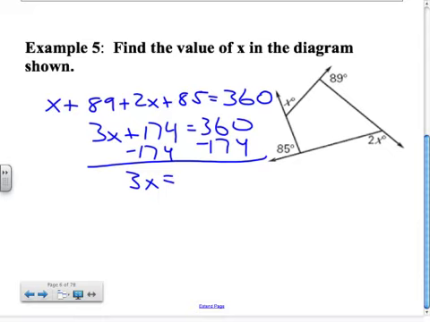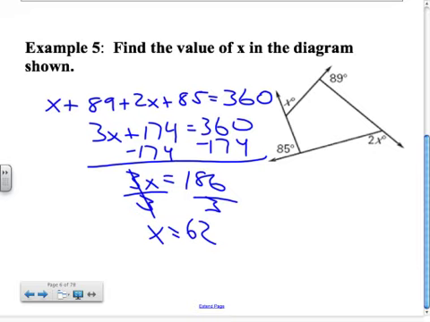I don't want to make any mistakes here, so it is 186. Divide both sides by 3 to get x by itself. X equals 186 divided by 3, which is 62. Okay, and that's all it said to do, is find the value of x. Well, there's the value of x, 62 degrees. Add them up, set them equal to 360, exterior angles.